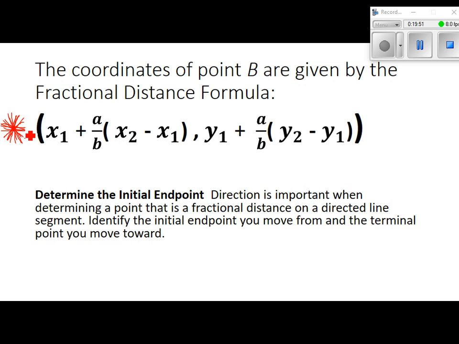You're doing it for the X coordinates and you're doing it for the Y coordinates on a coordinate plane. Determine the initial point and endpoint. Very first thing you gotta do every time you're doing one of these problems, decide which point you're starting at and which point you're ending at.